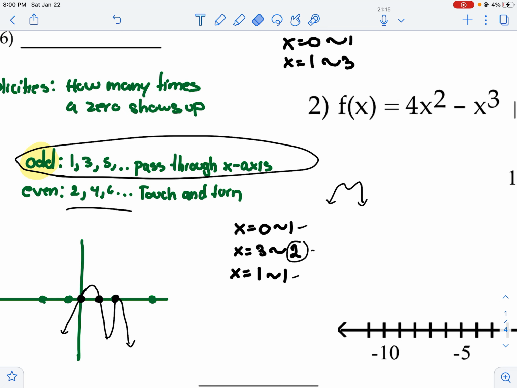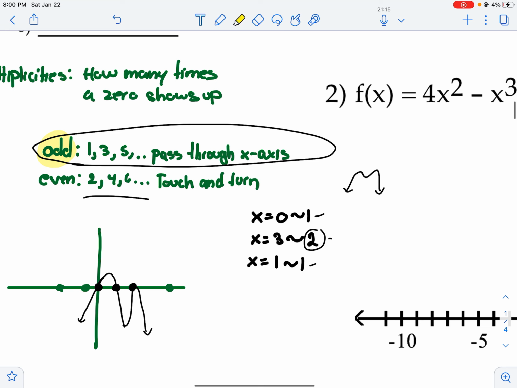Okay? If it was x is equal to 2 with a multiplicity of 5, all of these would be odd, okay? And when it's an odd number of multiplicities, 1, 3, 5, anything like that, it's going to go through the x-axis.